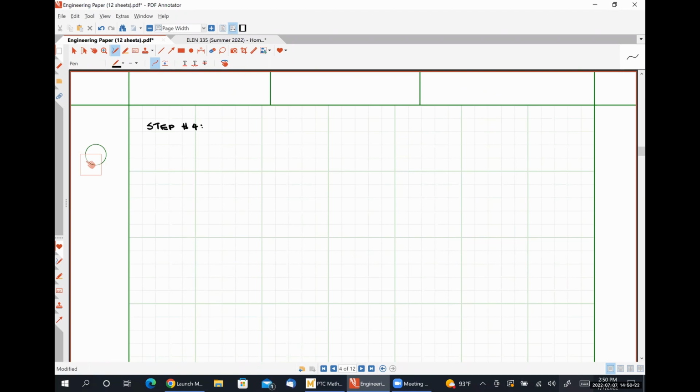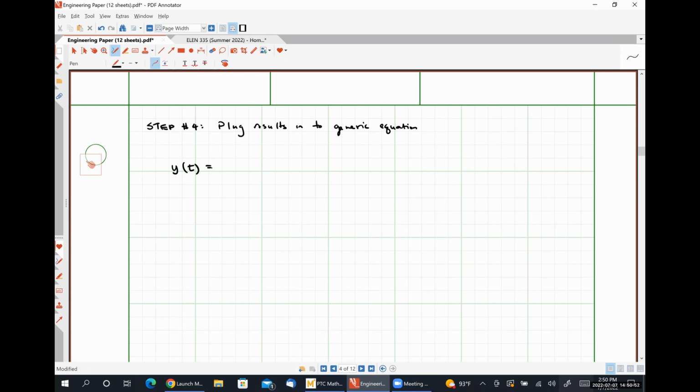Step number 4 is simply plug results in to our generic equation. So since it's been a moment since I've had the generic equation on screen, I'm going to write it down again.